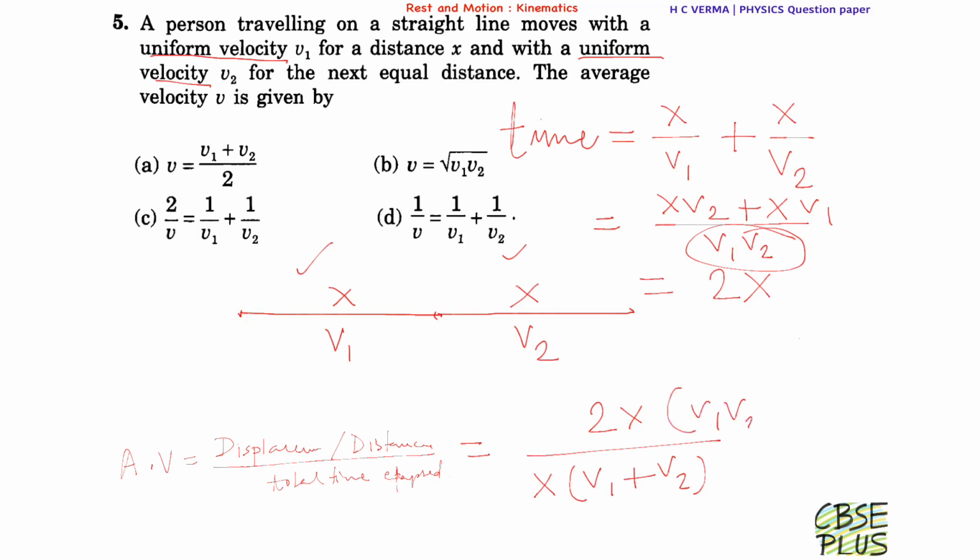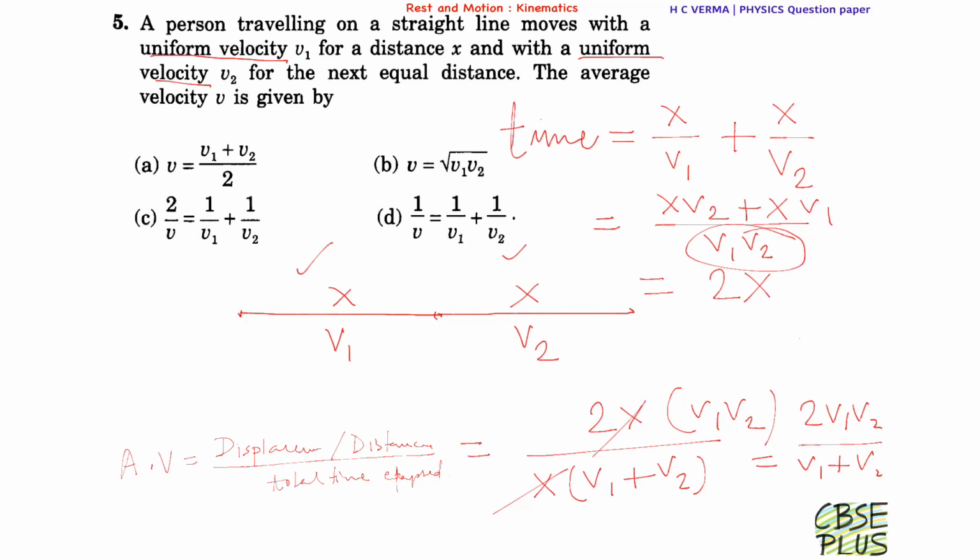We can simply cancel out the x's, and what is left is 2v1v2 upon v1 plus v2.